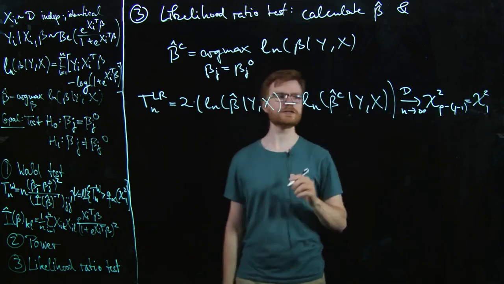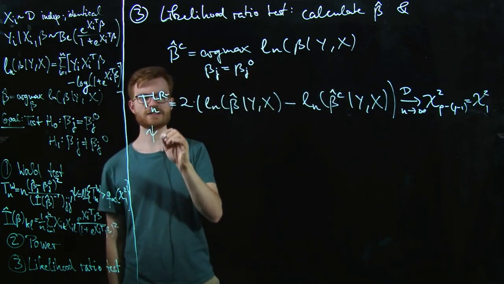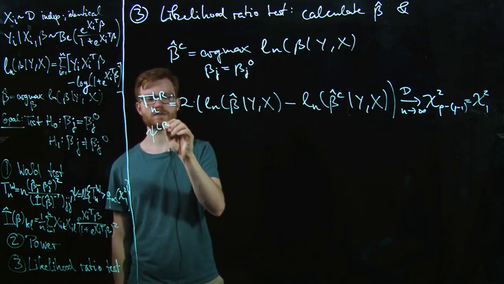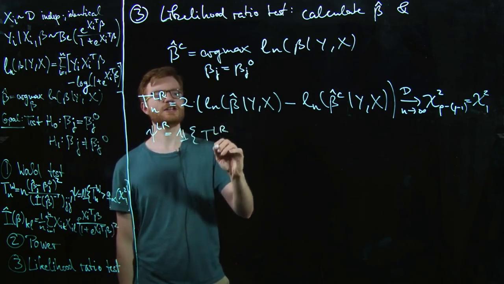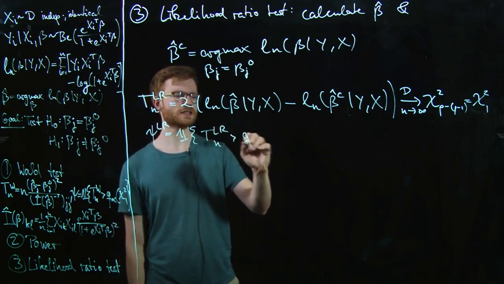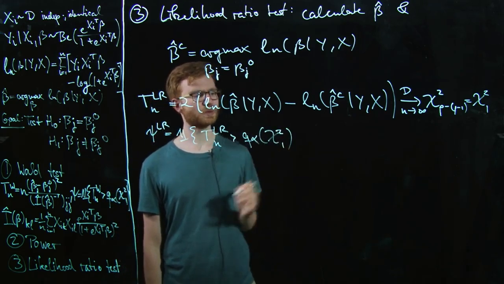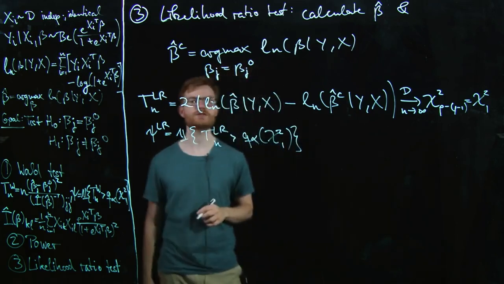So same cutoffs, and then I do my test. And my decision rule is going to be reject if the likelihood ratio is too large. That is, if it exceeds the 1 minus alpha quantile of the chi-square distribution with 1 degree of freedom.